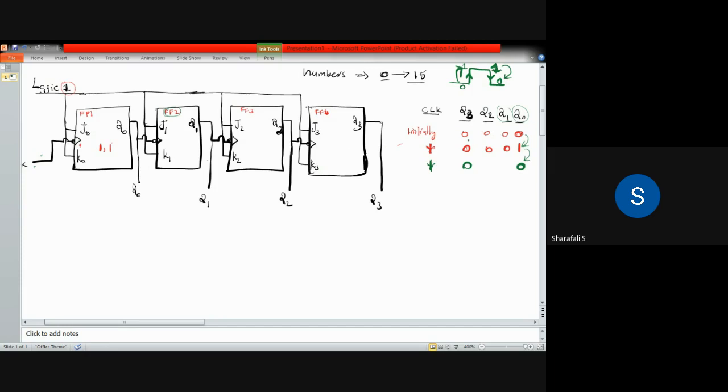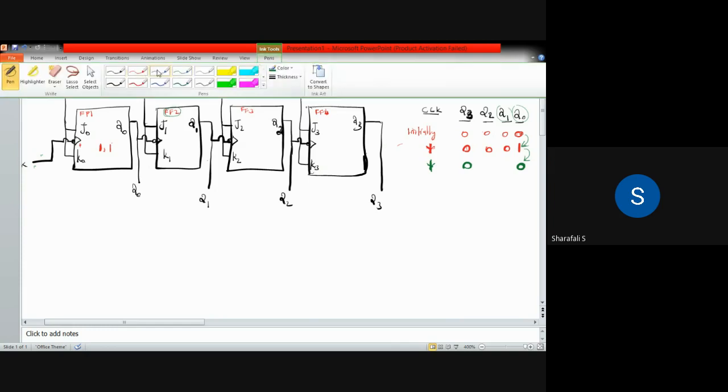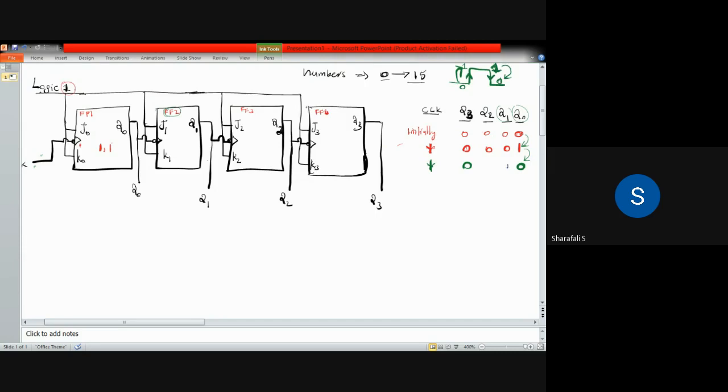This time Q0 is changing from 1 to 0, which means that for the second flip flop, the clock pulse is at the negative edge. Because of that, the second flip flop will toggle, so this 0 will be changed to 1. Now Q1 has changed to 1, as you can see.